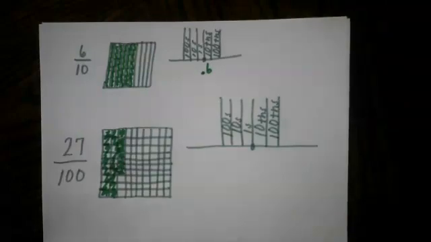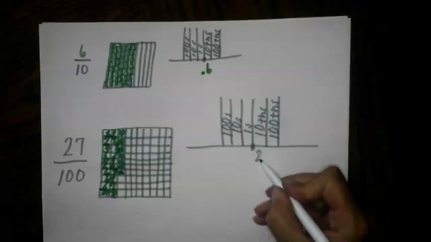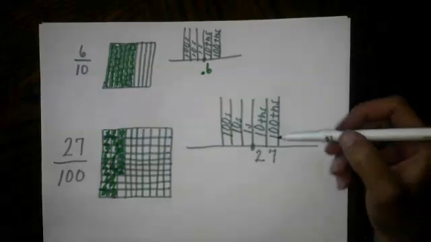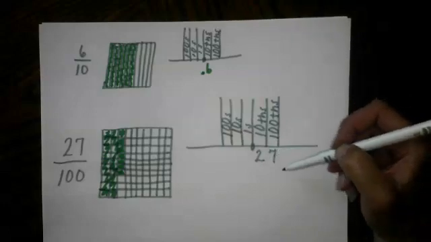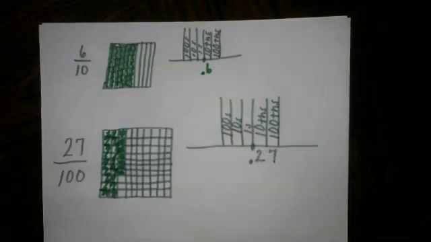Okay, and I have 27 hundredths. Now, since this is above numbers 1 through 9 in the hundredths, I can write it starting in the tenths and ending in the hundredths. So if it's a hundredth, the last digit of the number is in the hundredths place. So that is how I would write 27 hundredths.